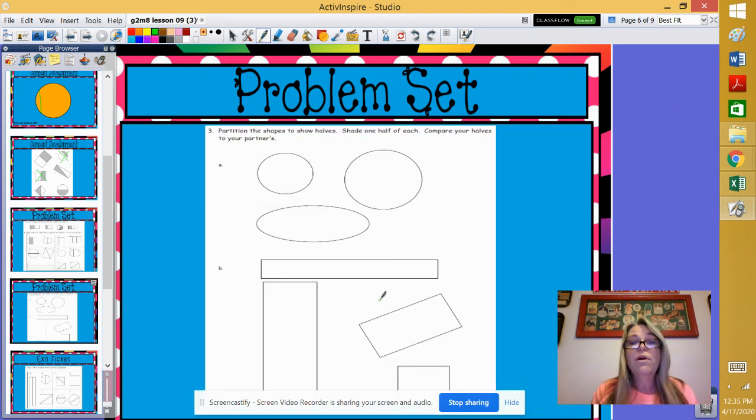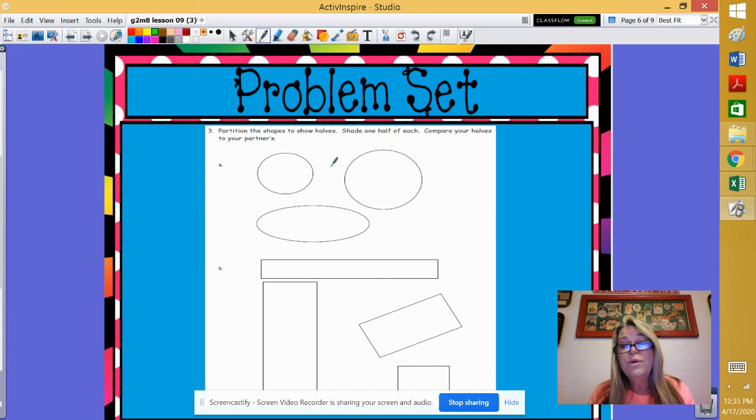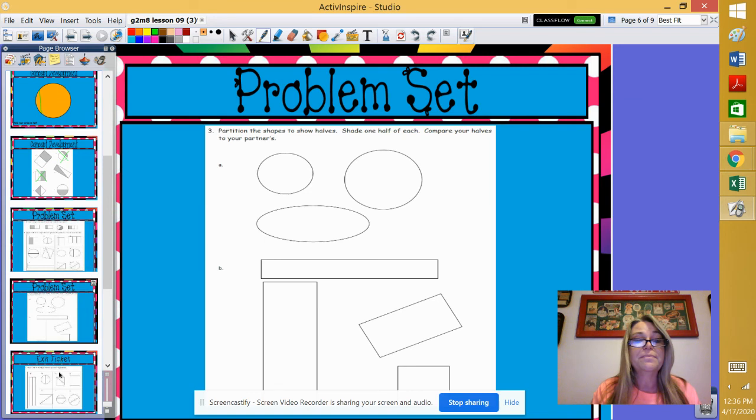Now, on one part of your problem set, you get to be the one to partition the shapes. Remember, it has to be 2 equal parts. So be careful when you partition these shapes. You're going to shade half of each. That means you're going to color in one part of each shape after you partition it into equal parts.